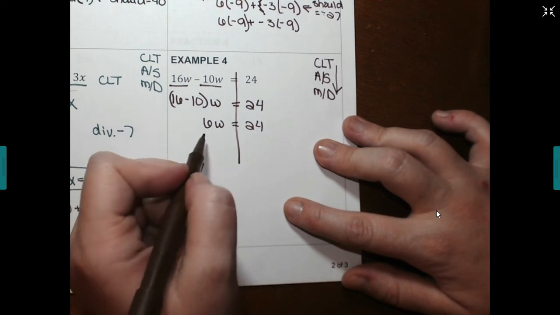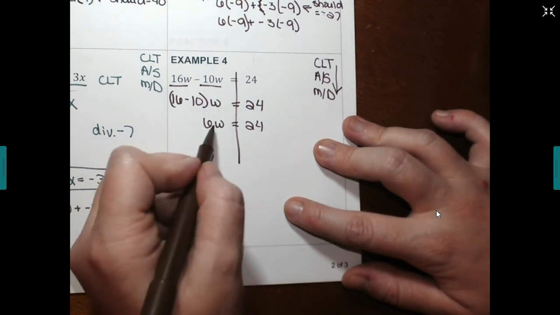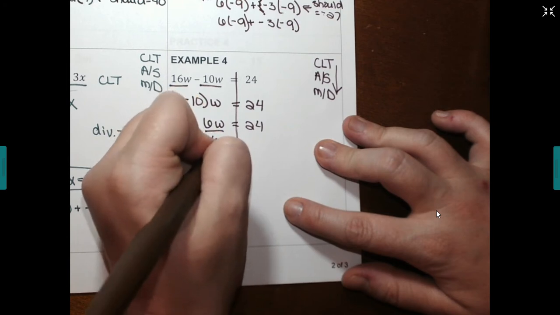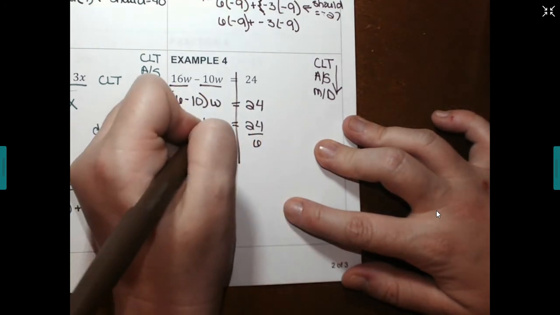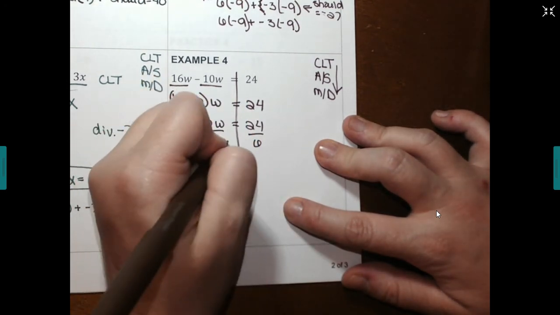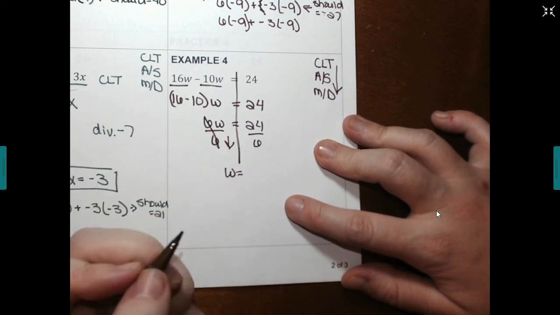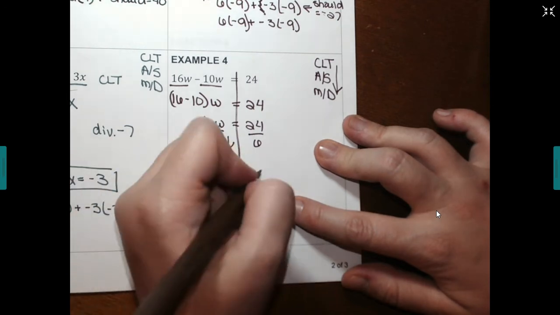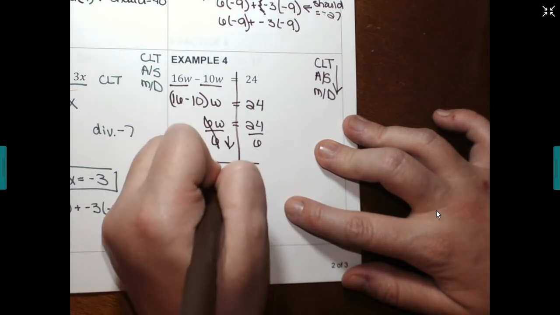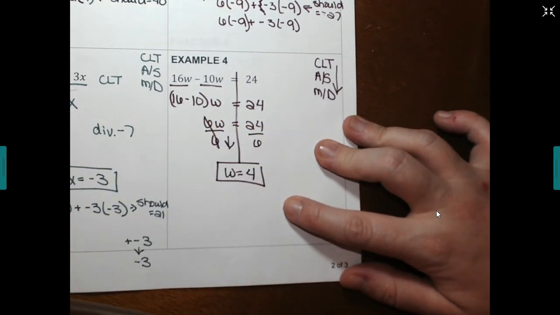Okay, this is familiar territory. I can divide both sides by 6. I can cancel those out. My W comes down. W equals 24 divided by 6. Great moment for Desmos, or Miss McNabb can just tell you that it's 4.